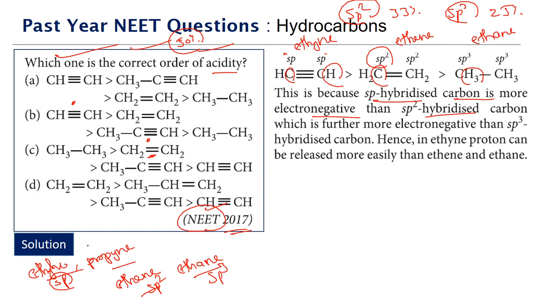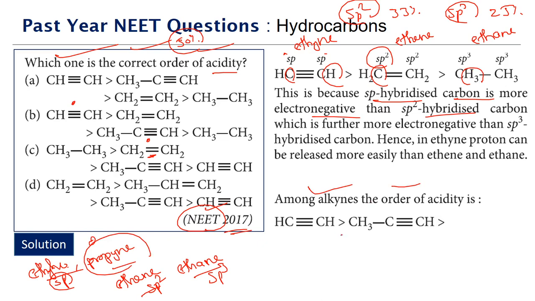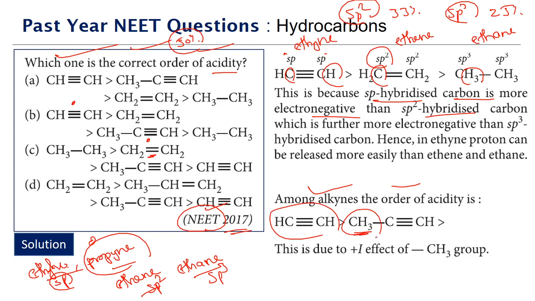Now comes the comparison between ethyne and propyne. These two are alkynes, but the alkyne's acidic nature decreases as we attach more plus I groups. If you attach plus I groups to the alkyne triple bond, the acidity will decrease.